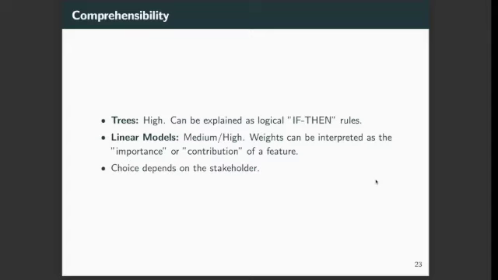So comparing linear regression and decision trees, the trees are much easier to interpret. Linear models are considered between medium and high in terms of comprehensibility. We can interpret the weights as the importance of the feature, and the choice often depends on who your stakeholders are.